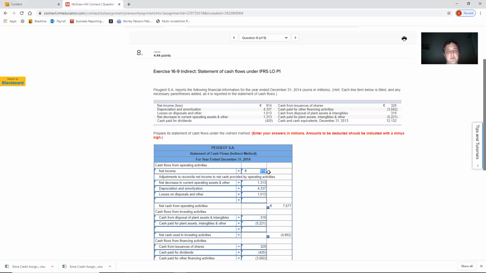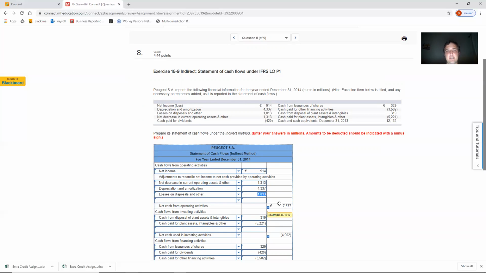In net income, there's a depreciation expense. Depreciation is non-cash, so we have to add that back. And there's a gain or loss on equipment in here. However, that gain or loss is actually part of an investing activity, so we need to add it back into net income.